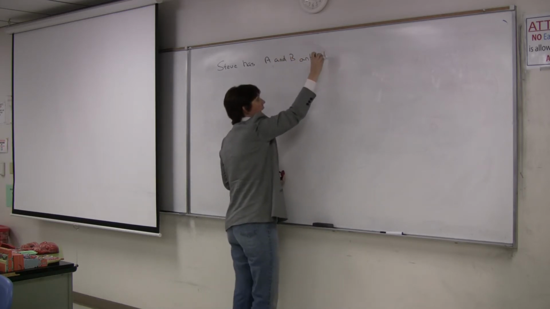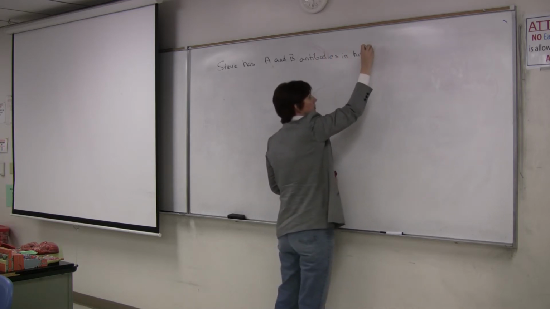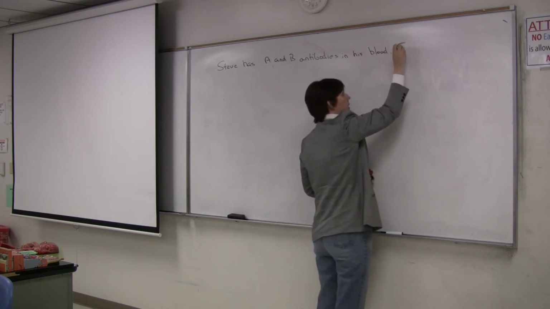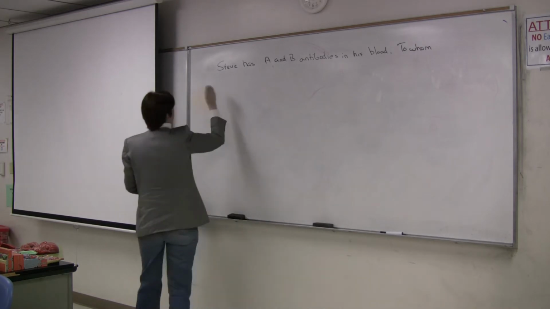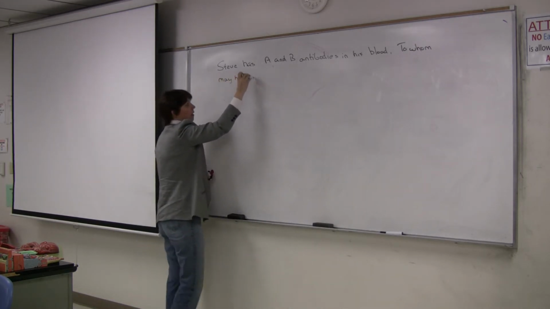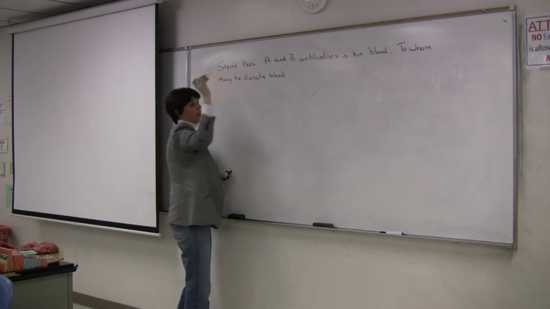So Steve has A and B antibodies in his blood. To whom, use the proper English here, so who could he give blood to?